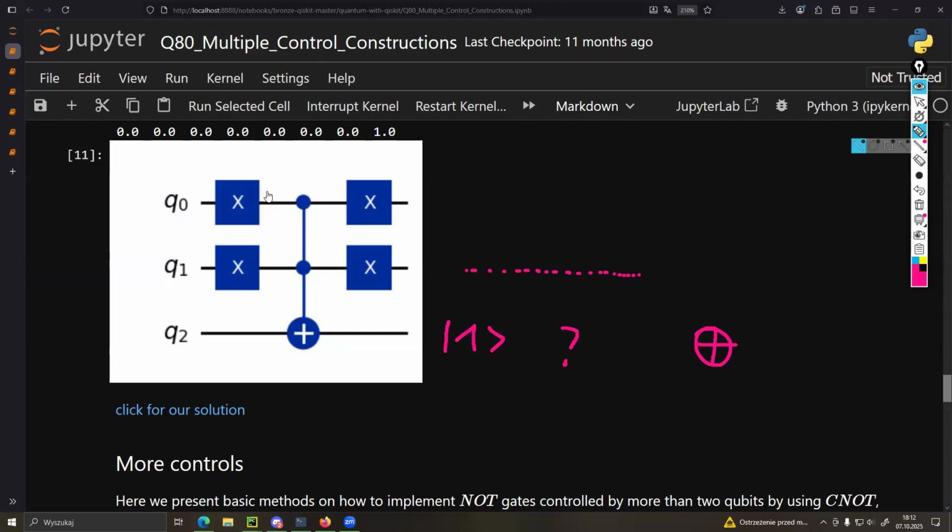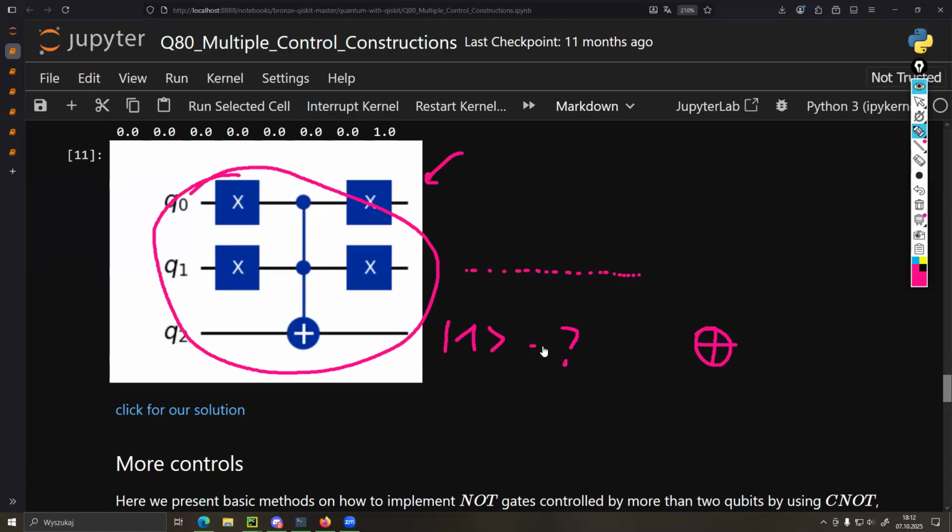Well, after your calculation, you have to apply this entire gate yet another time to clear this back into 0 for future uses. So this is clearing, right? The clear step.